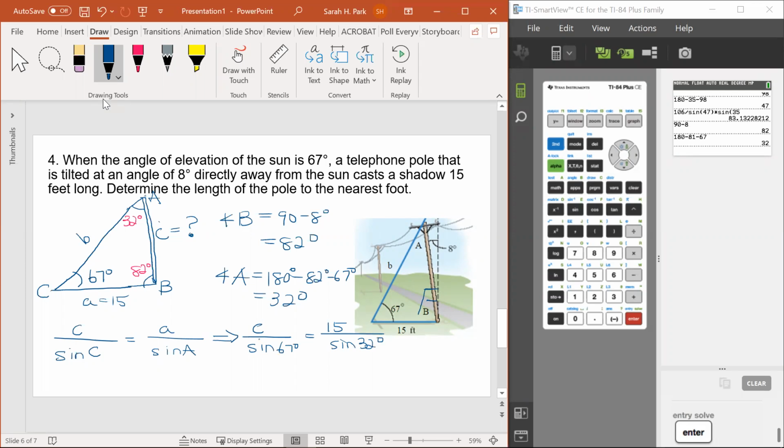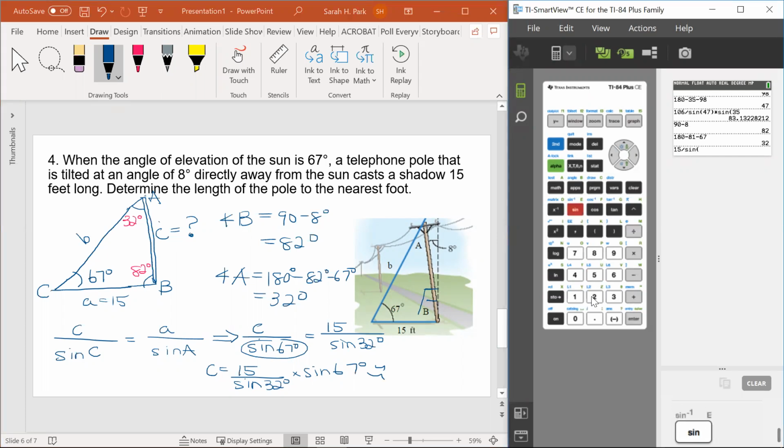So for c, we're going to multiply by sine of 67 degrees on both sides. c is equal to 15 over sine of 32 degrees times sine of 67 degrees. And that will help us solve for the length of the pole.